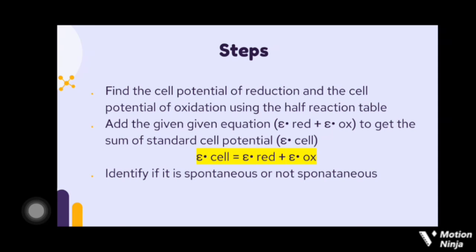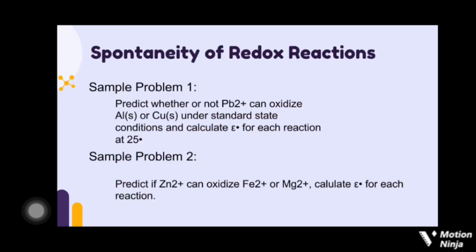So, what is the spontaneity of redox reactions? It is a type of reaction in which there is usually a release of energy, where the electrons are transferred from anode to cathode. Remember, the anode is where oxidation takes place, and the cathode is where reduction takes place.